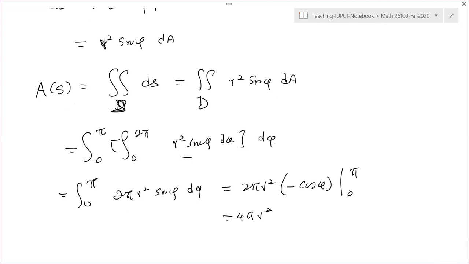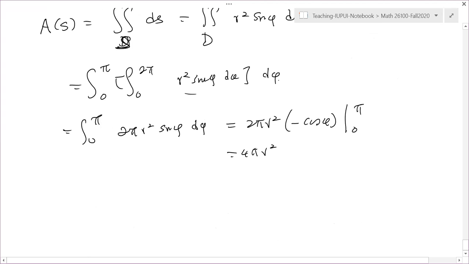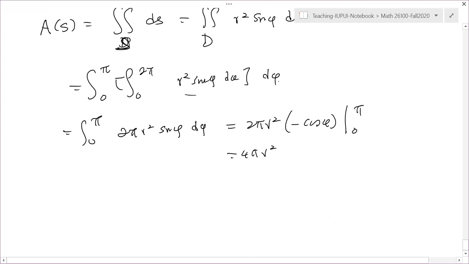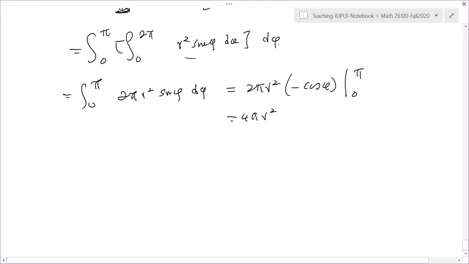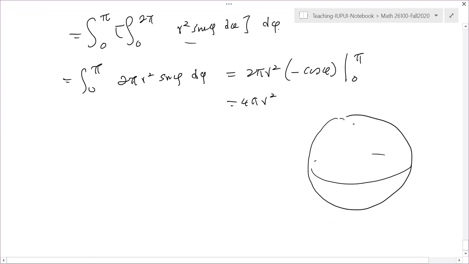Okay. Let's go back to the picture here. See, sphere, right? Let me describe the sphere again. I want to tell you what a tangent vector is. Here's a point, any point.